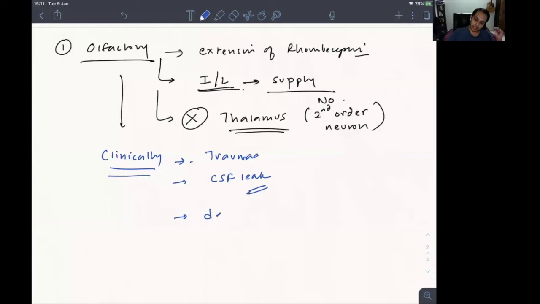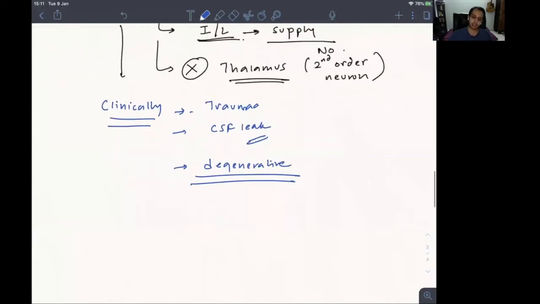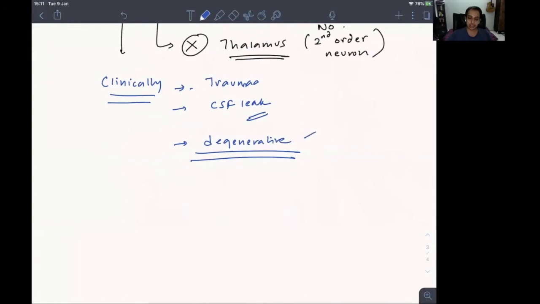And there are certain degenerative conditions. Now, neurologically speaking, this is one of the most important causes, because degenerative conditions such as Alzheimer's or Parkinson's disease.